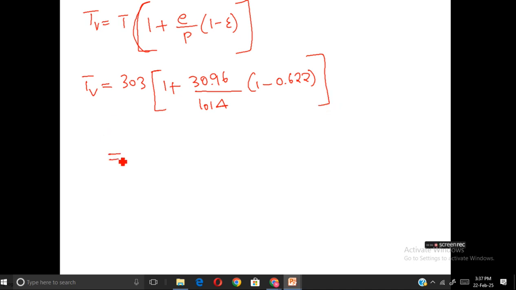So can you compute and tell me the value of virtual temperature TV?